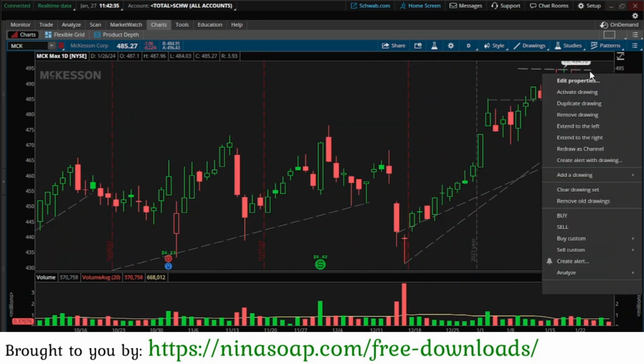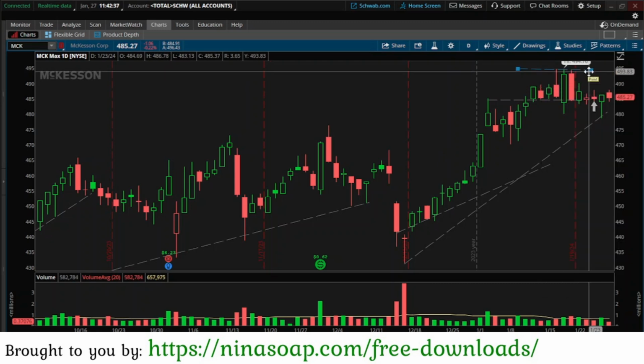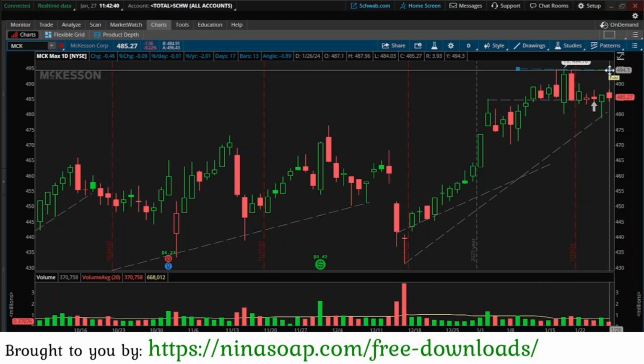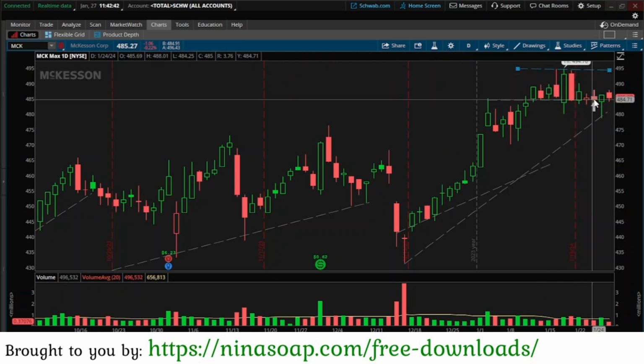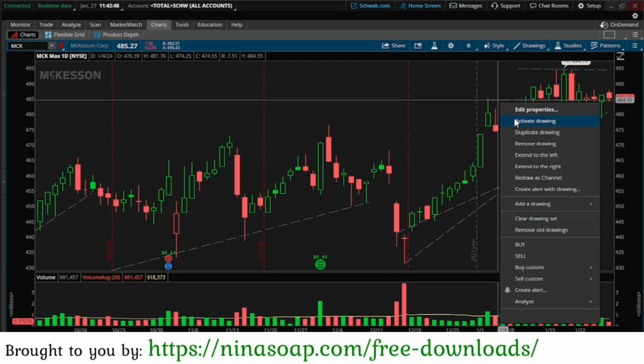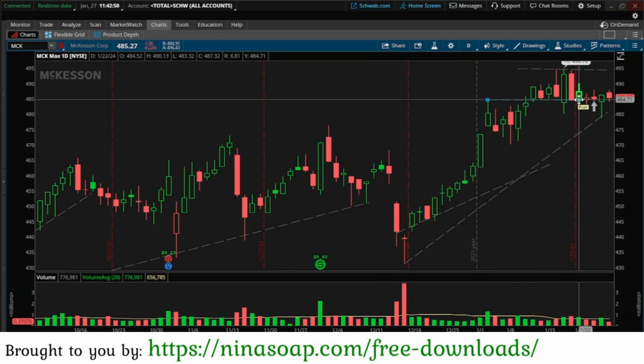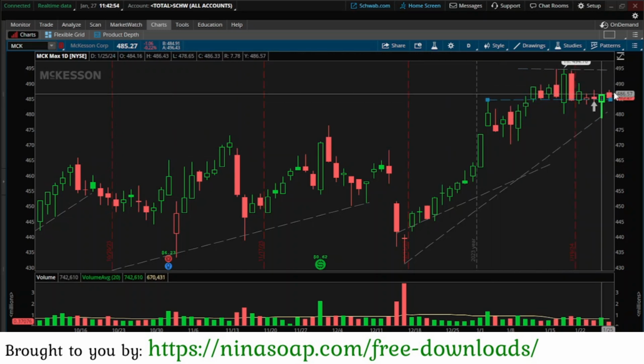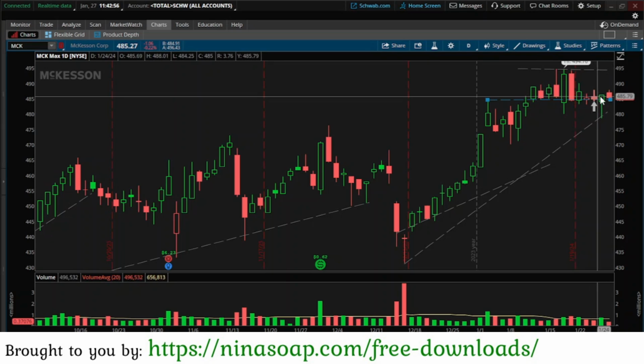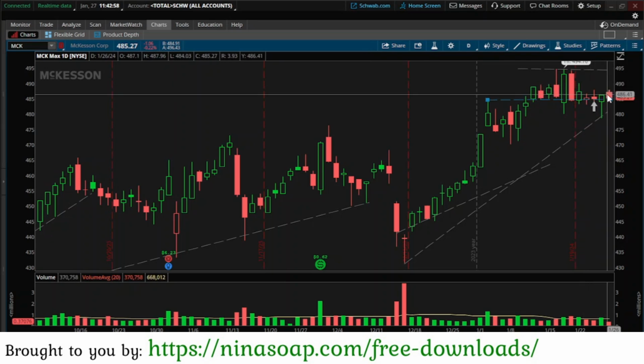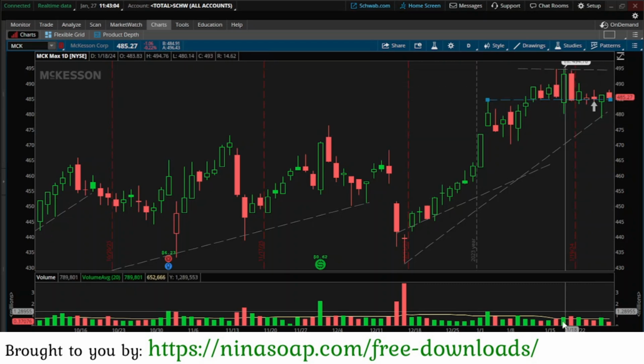At this point I can extend it, and then it went down. So when it went down, you can see this resistance line going through that peak. The price rested on it and keeps resting on it. So I will say it's consolidating, and I don't know where it's going from here, but we'll keep an eye on it.